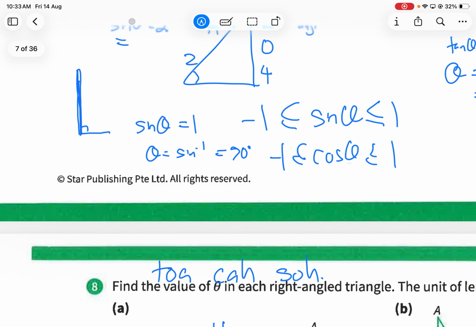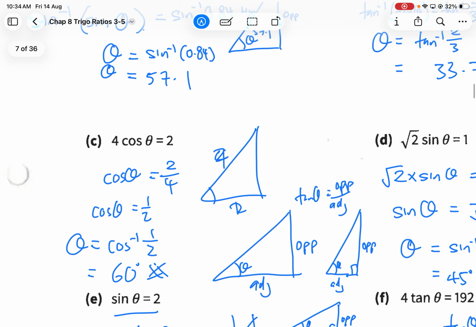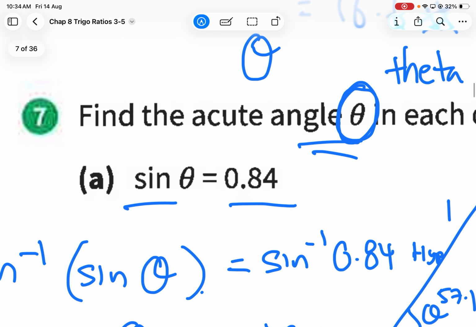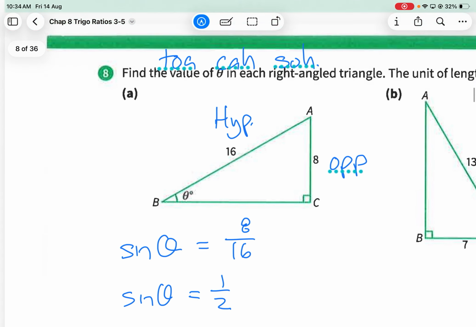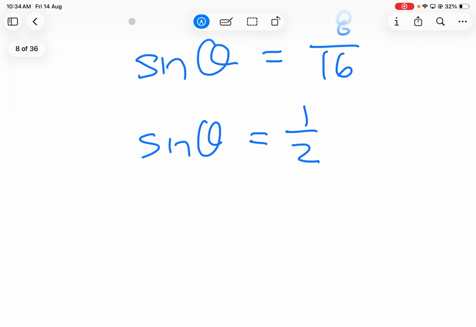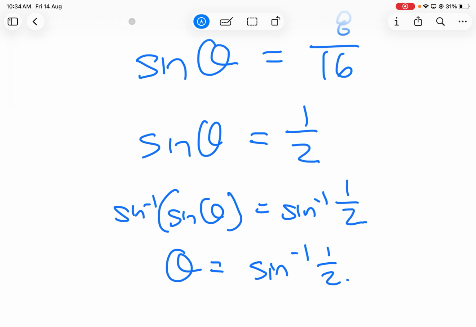I just remove the sine, like what you did just now. I remove the sine, I can get back my angle. Then I press calculator, sine inverse of half.